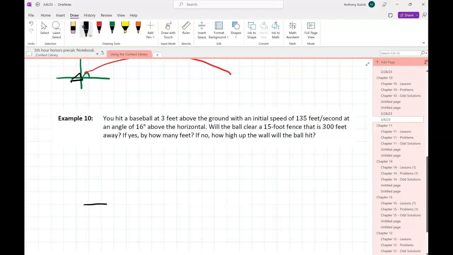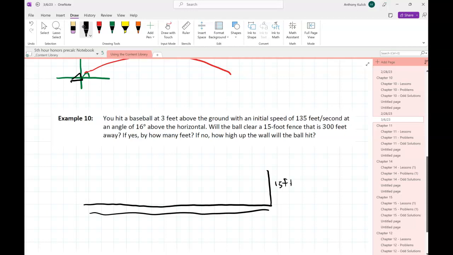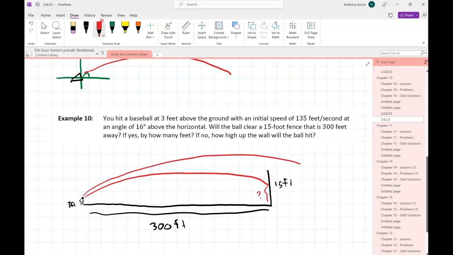So just to draw a picture of our situation here. So there's our setup, and we want to know, does the ball hit the wall, and then how high? Or if the ball clears the wall, by how much?